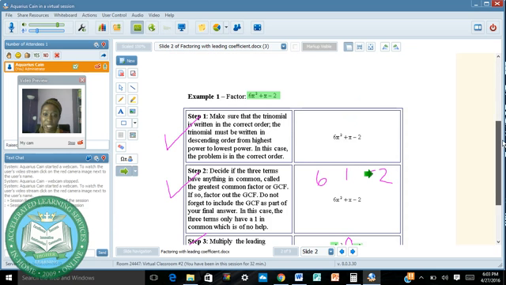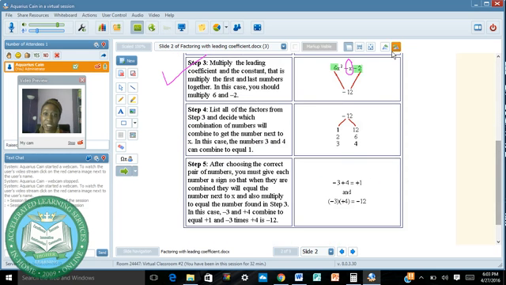So we're looking at which numbers we're going to combine that are going to give us a +1. That's going to be a 3 and a 4. We're deciding, if I combine them, what combination is going to give me a +1? That's your 3 and your 4.